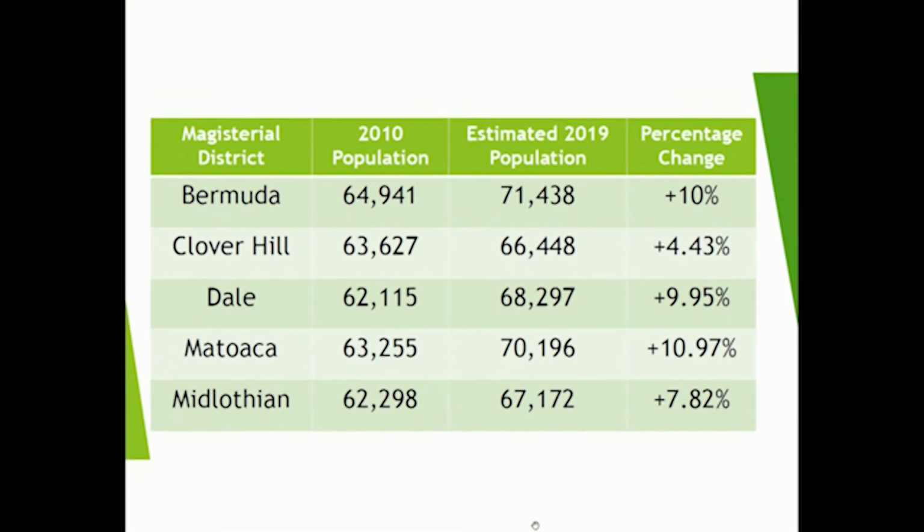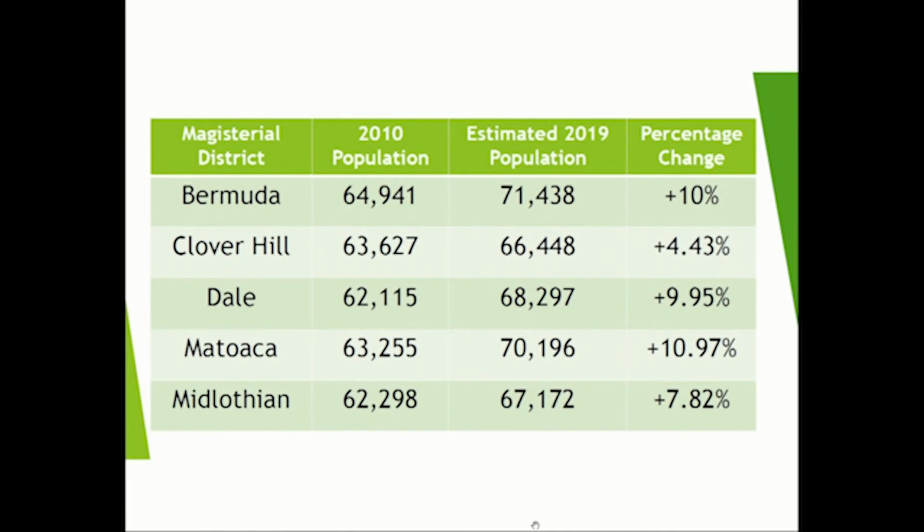But this gives you a concept at least of where we think the trends are, and that is, as everyone knows, everyone has grown, but at somewhat different rates. The growth rates in Bermudadale and Matoka have been relatively similar, just a percentage point difference between them. Clover Hill has grown the least, and Matoka next least.